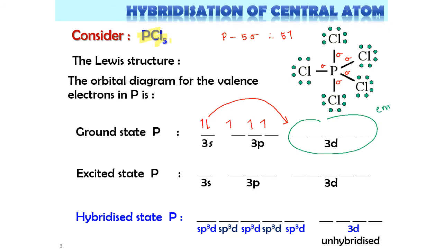Although there is no electron here, the existence of this orbital is there.